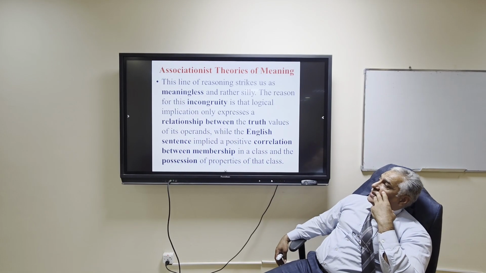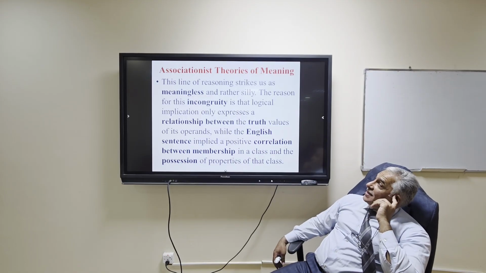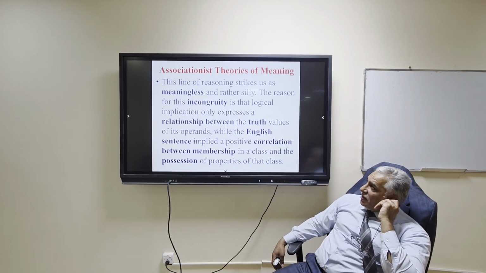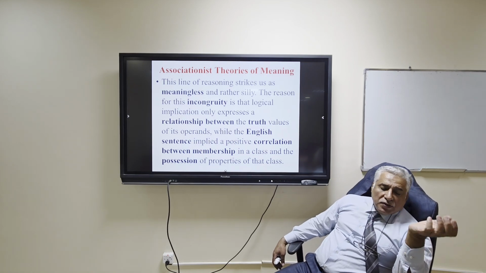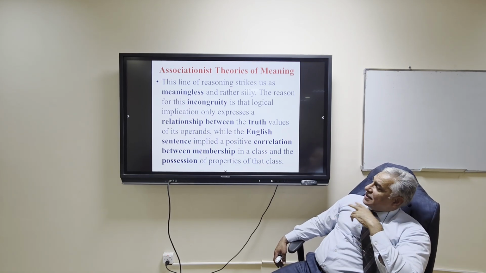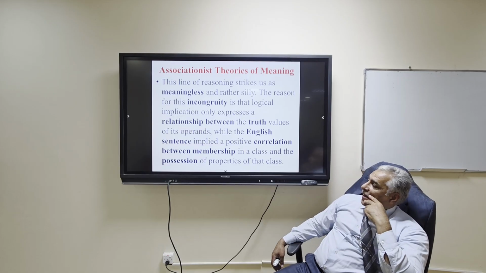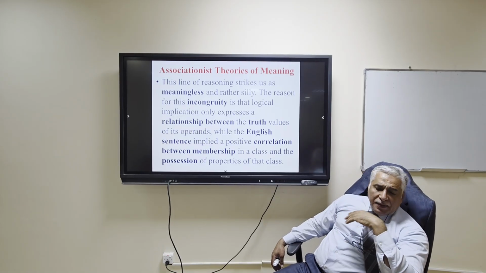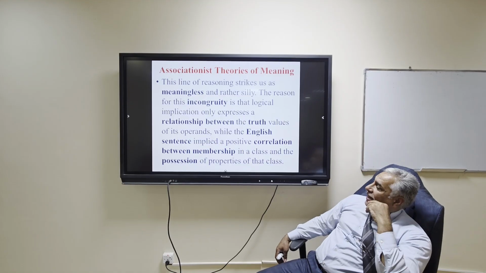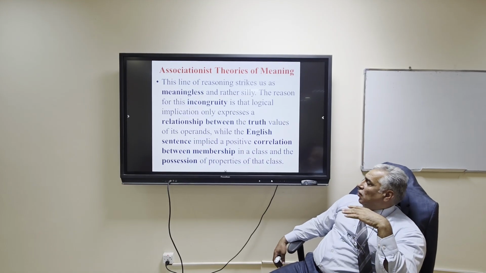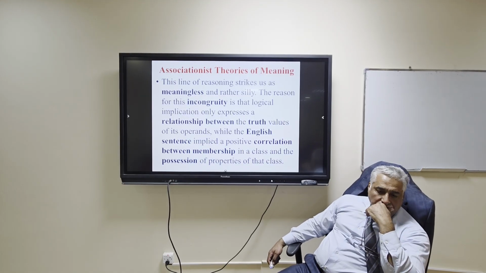The reason for this silliness is that logical implication only expresses a relationship between the truth values of its operands, while the English sentence implies a positive correlation between membership in a class and the possession of the properties of that class.